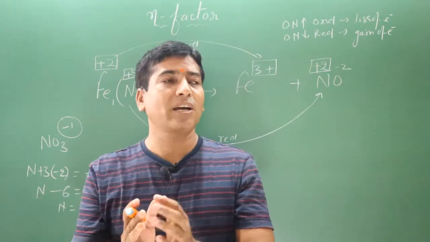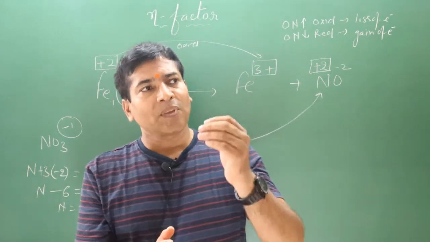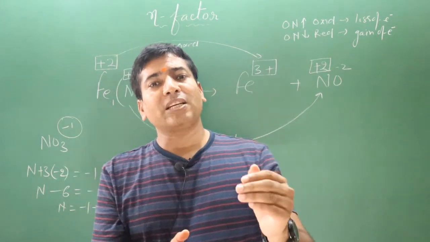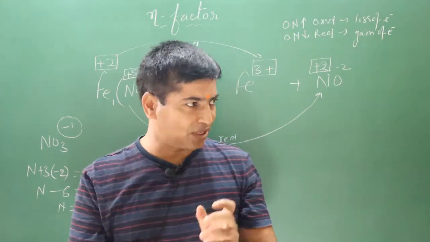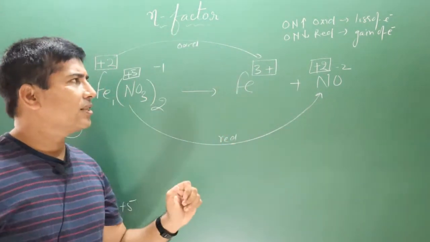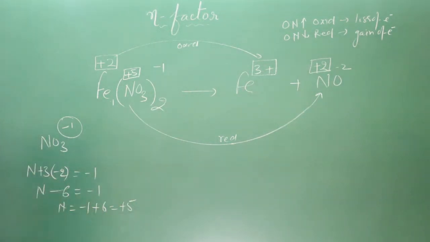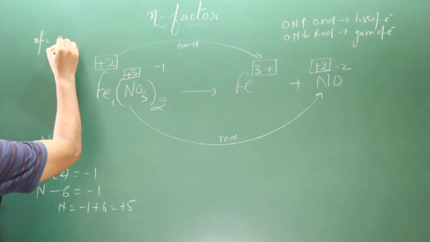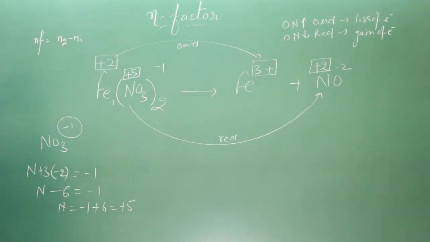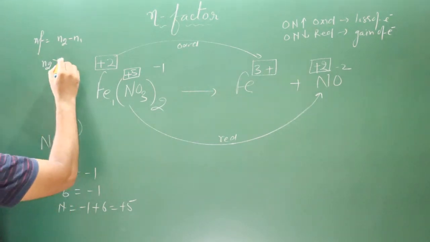In case I have to calculate n factor values for an intramolecular redox reaction, keep in mind that in the previous lecture we discussed that we calculate n factor values to determine the equivalent weight of a substance. For this kind of redox reaction, how can we calculate n factor values? The formula is n factor equals n2 minus n1, in which n2 is always greater than n1.